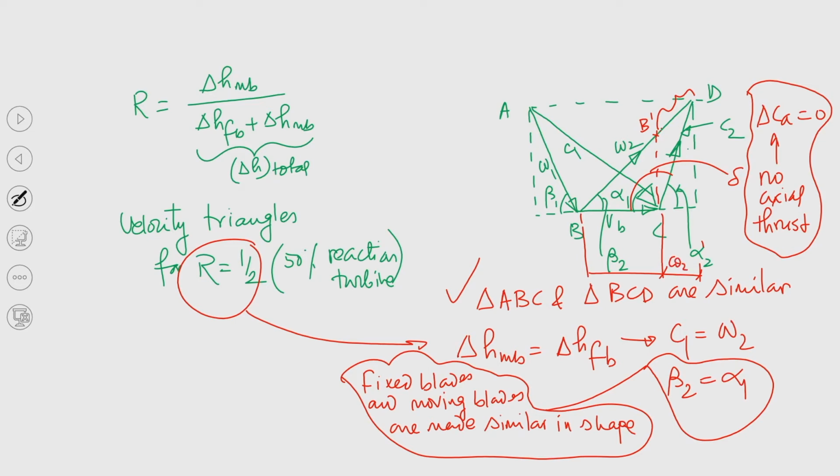Now, the total is W theta 2. So, W theta 2 minus V b is equal to C theta 2. Therefore, W 2 cos beta 2 minus V b equal to C theta 2, very simple.